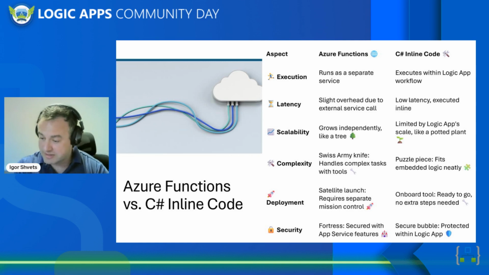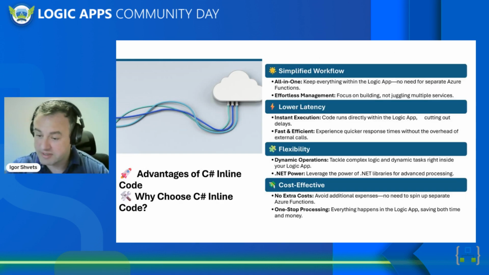Security: Azure Functions are like a fortress, secured with the App Service features. The inline code is protected within Logic Apps, right? So it's very important to look at the use case and see when and where you use it. We'll go to the next slide.